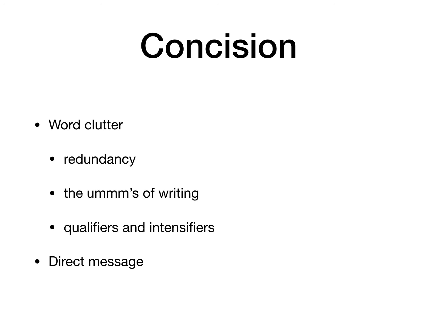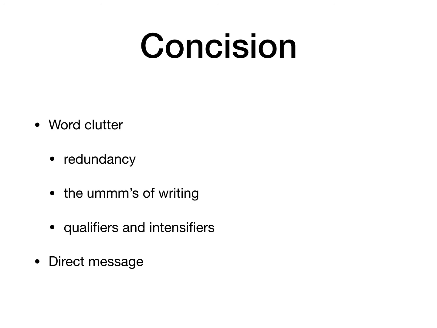We're often looking at editing out the ums of writing. So those little extra words that people use or add into their writing habitually. Things like qualifiers and intensifiers. These conversational things that we use in everyday language, and it makes perfect sense, but are not as appropriate for most written forms of language.